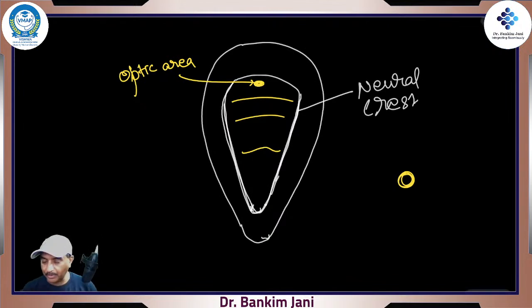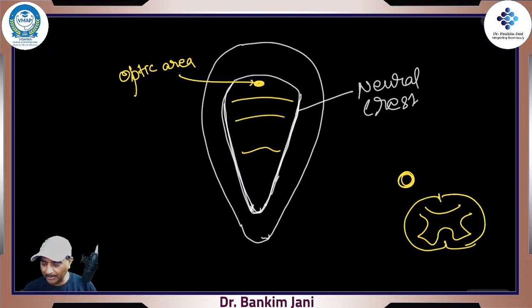What we are doing, we just cut it and we saw it. Till now we were drawing the neural tube like this. Very soon we'll be making a small change in its shape, because the spinal cord is to be formed. And you know the spinal cord, the way we draw it every time, like this. So it should acquire this shape. So we'll come to that.